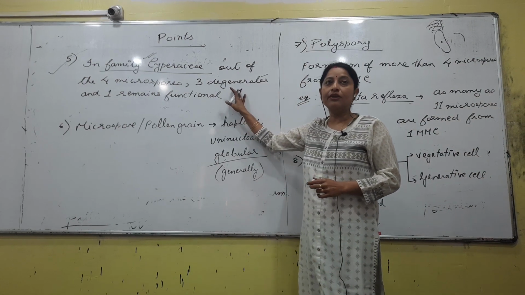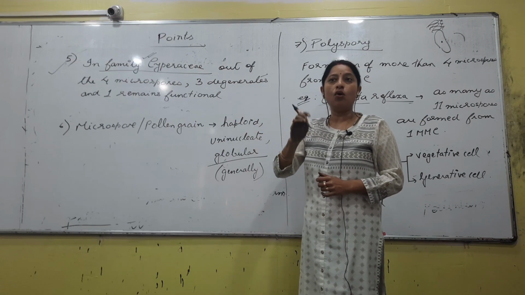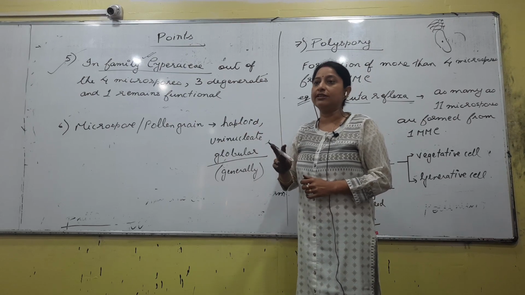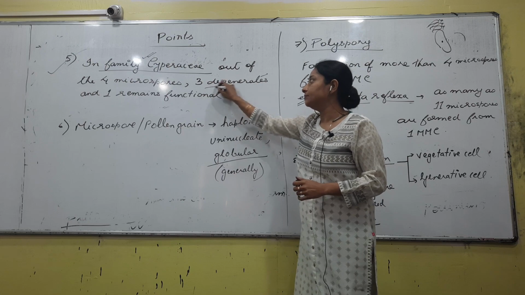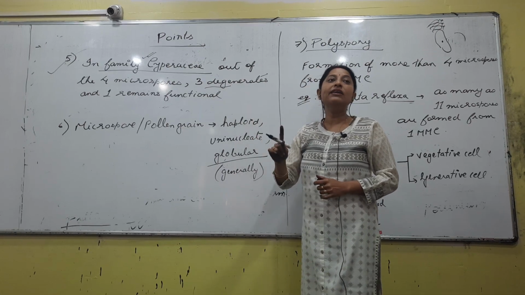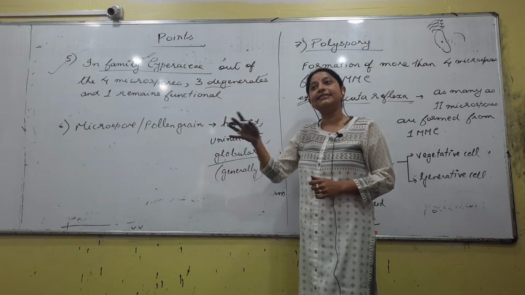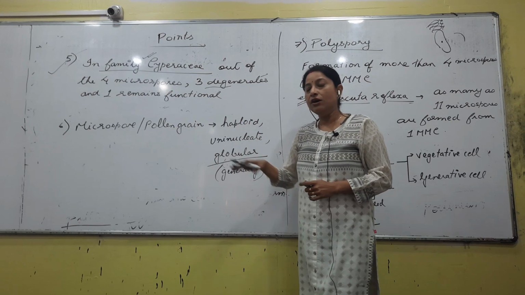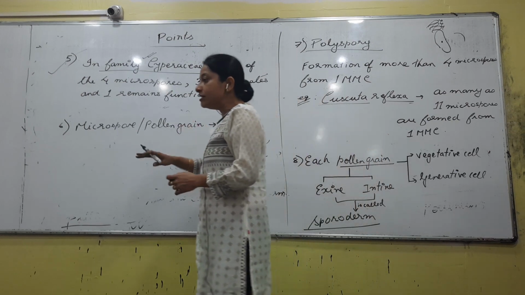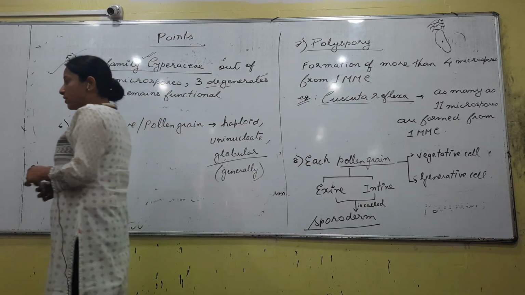Understand? Normally, in all other families, all the 4 microspores will remain functional. In Cyperaceae, only 1 will remain functional, almost like megasporogenesis. Clear? Why is this important? Because after this chapter, we will have to do certain types of questions that have been asked.